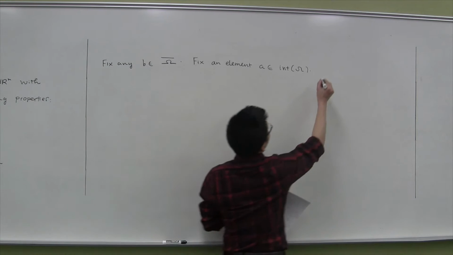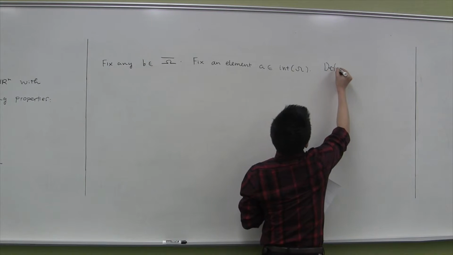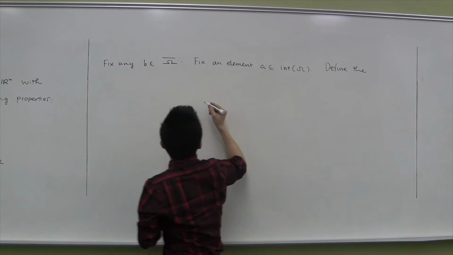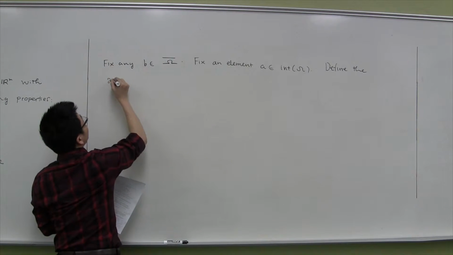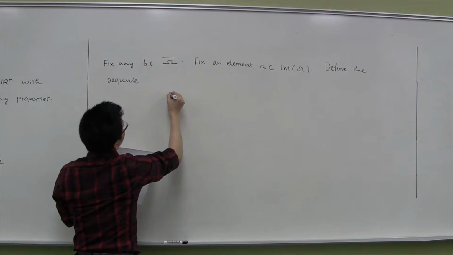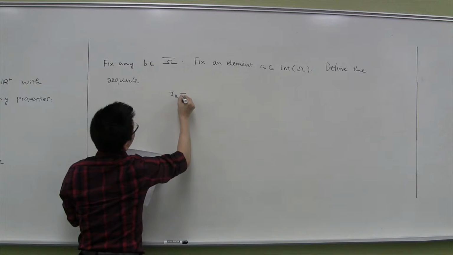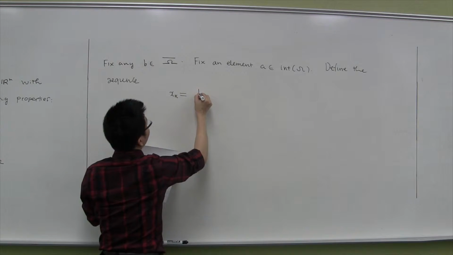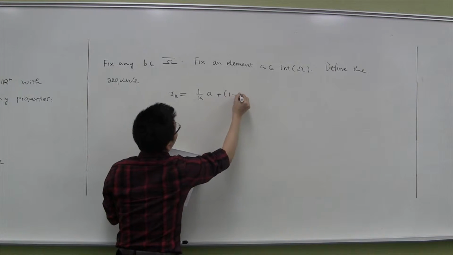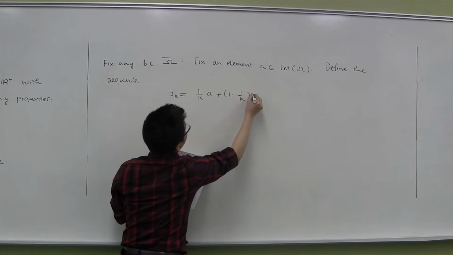Define the sequence x_k equals 1 over k times A plus 1 minus 1 over k times B.